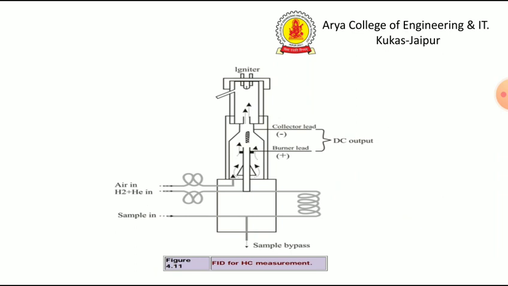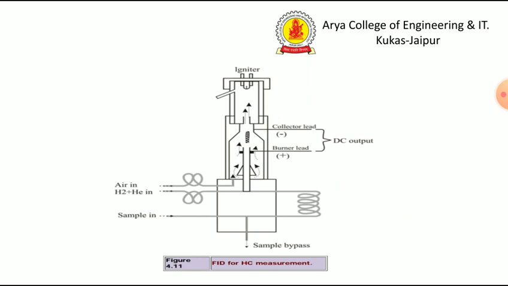An electric potential is applied between the collector plates that makes the ionization current flow and generate a signal proportional to HC concentration in the sample gas. This current is amplified and the output signal is measured.